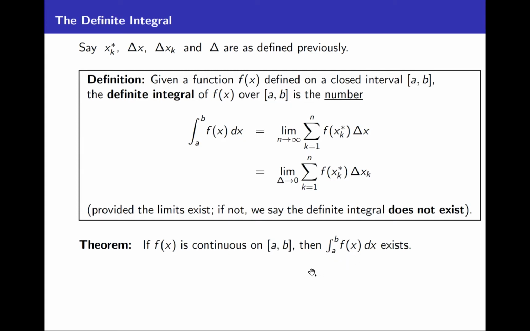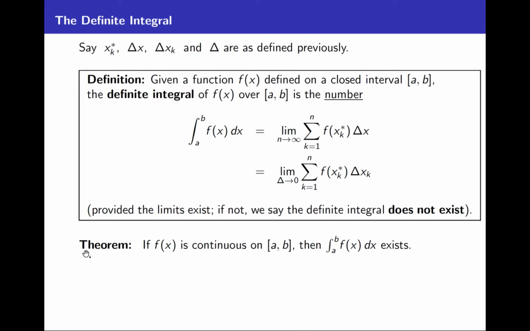Now, we're not going to prove this. To prove this theorem, you would be in a class on advanced calculus, a 400 level calculus class. So accept this theorem on faith. Actually, you can prove a slightly stronger statement: it's okay for f to have a finite number of discontinuities on the interval from a to b, and the limit will still exist.